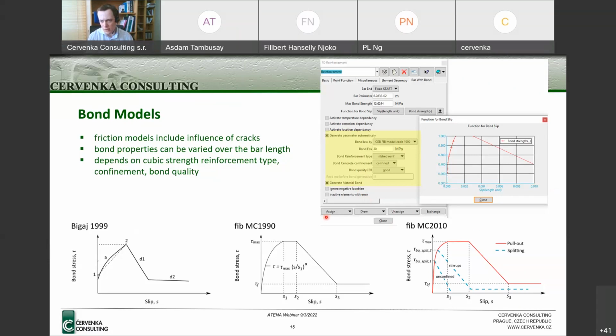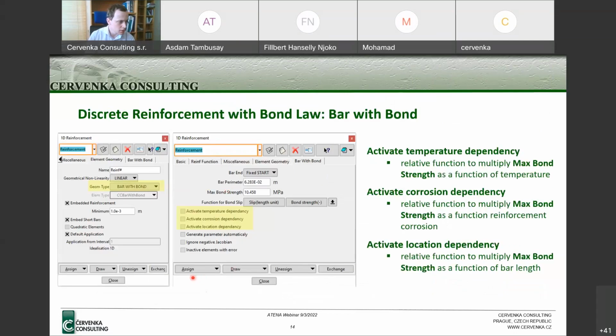Sorry to interrupt. It's not about bond. It's about element geometry. The option in element geometry. Okay, the option in element geometry. This one. This size. Yeah. Thank you, Muhammad, for explaining it to me.